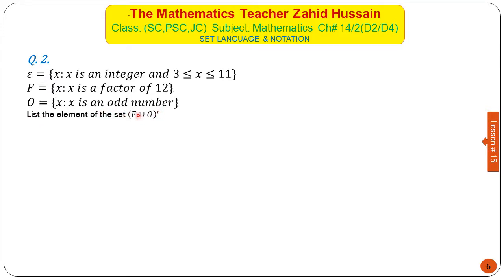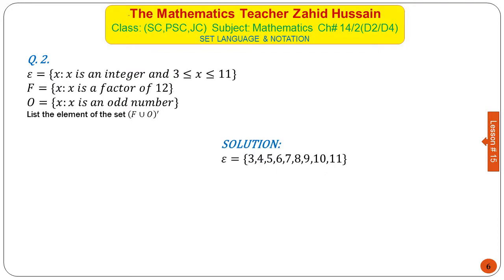That is, you are asked to find the complement of F union O. First we will find F union O and then we will find its complement. But to find this, we will have to write these sets in listing form.